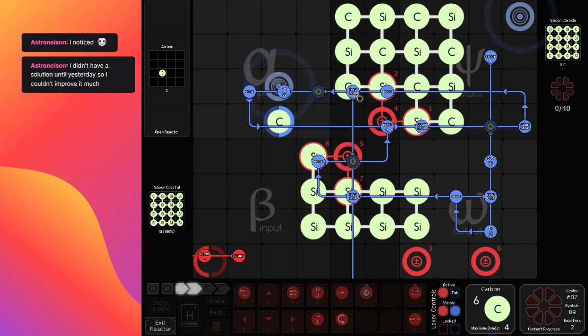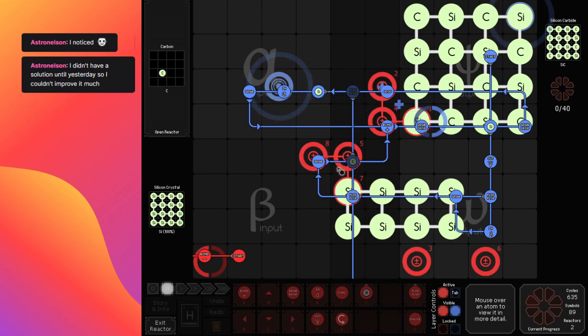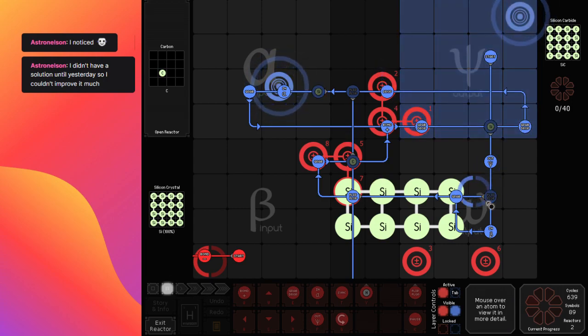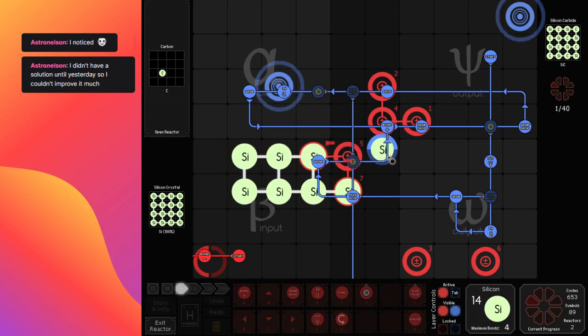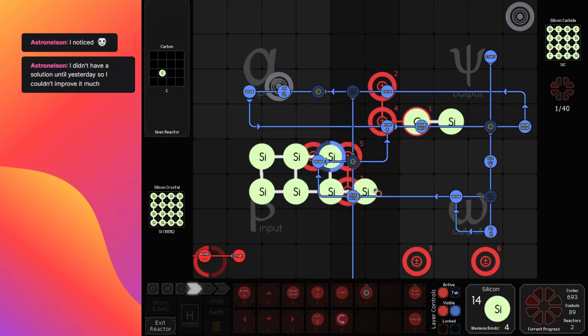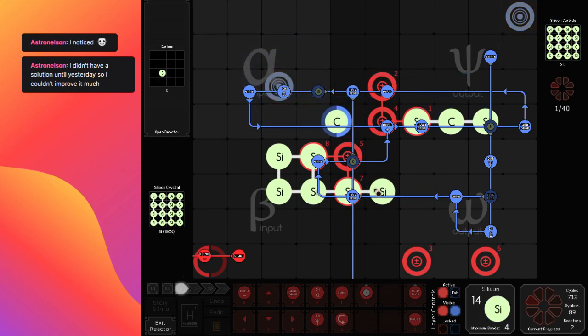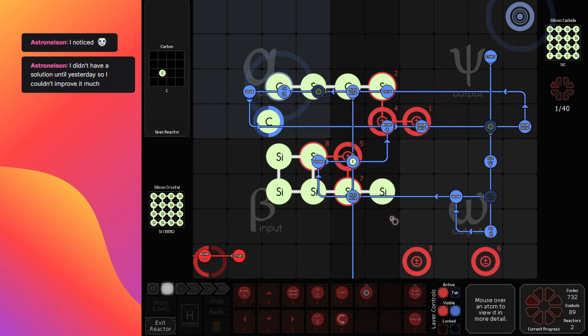So this flip-flop here is what determines whether or not this grabs a silicon or carbon. So let's grab bond plus, input alpha, there we go. Now it goes to grab another silicon. And that is an interesting thing.